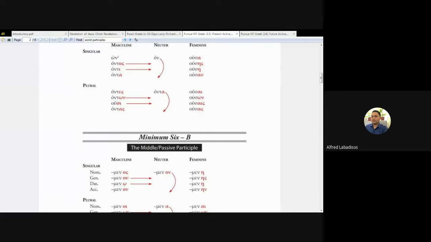Also, in the vocabulary, I already reflected on the lesson the common second aorist verbs. You have to memorize those second aorist verbs. So that's the only way.